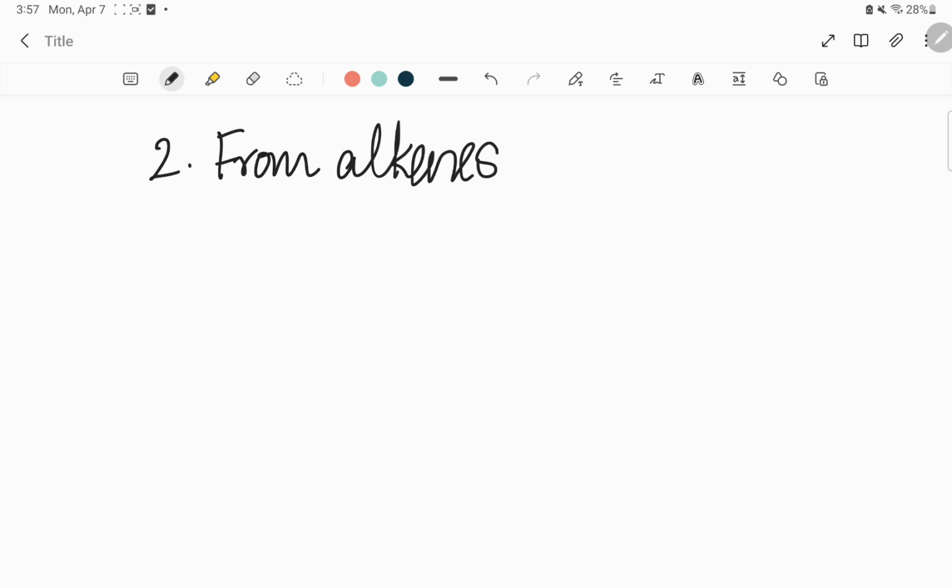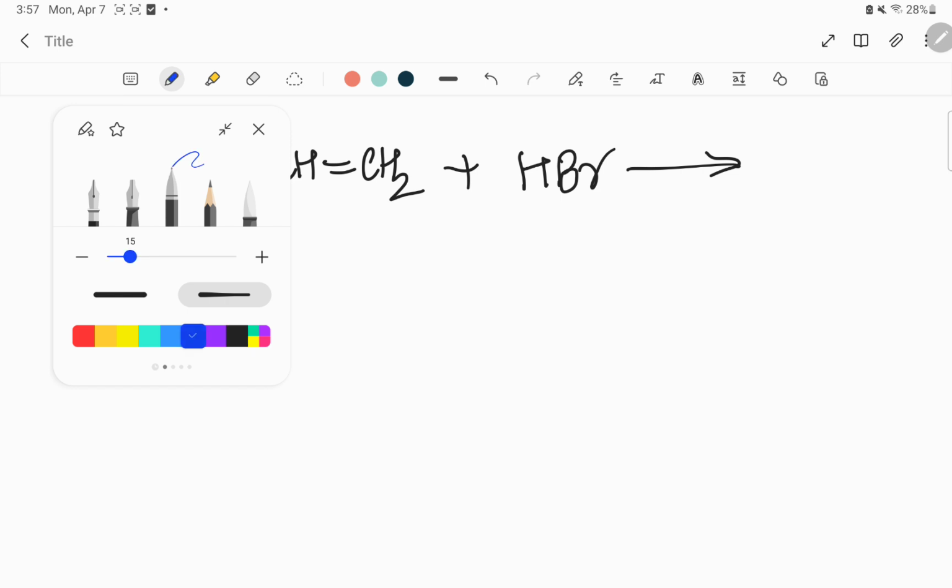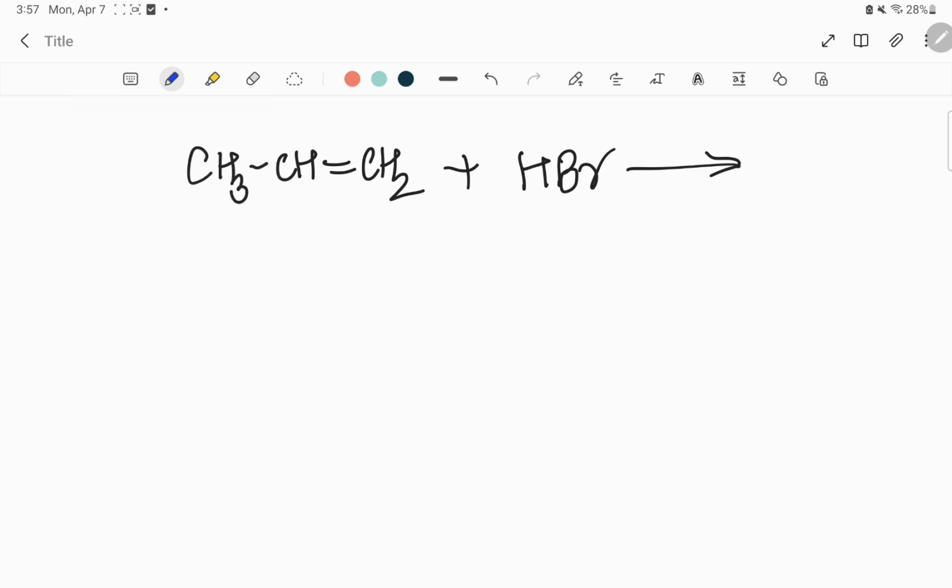Now again from alkenes you have some other methods. So the first one is by using hydrogen halide, that is HX. So if you are having an alkene, let's say propene, and if you add a hydrogen halide, let me take the example of HBr, then you know that this is an example of Markovnikov's addition.